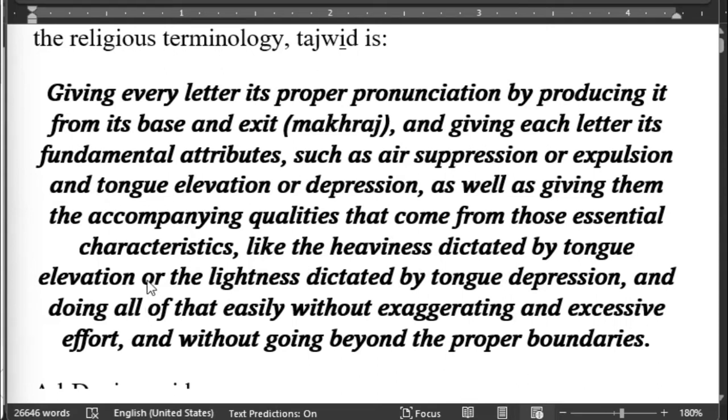So when your tongue goes up, when you say ba or bod, there comes from that tongue elevation another quality, a secondary quality, which is the thickness or the heaviness that you find in the letter there.